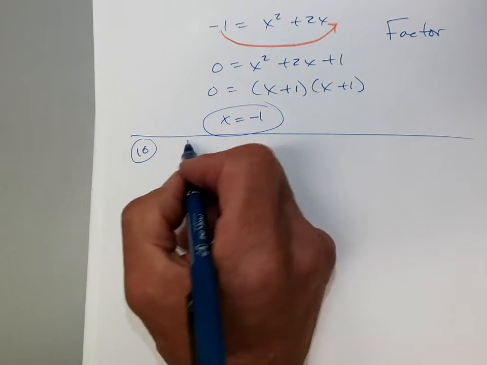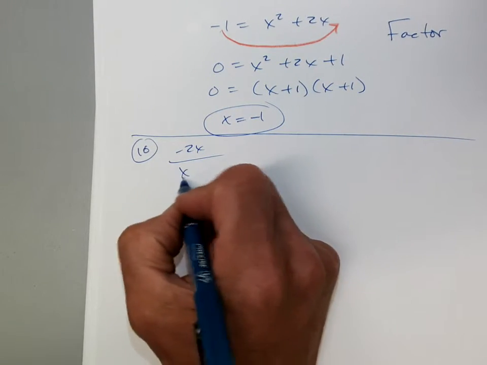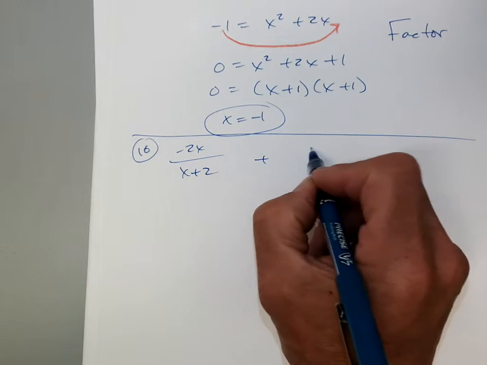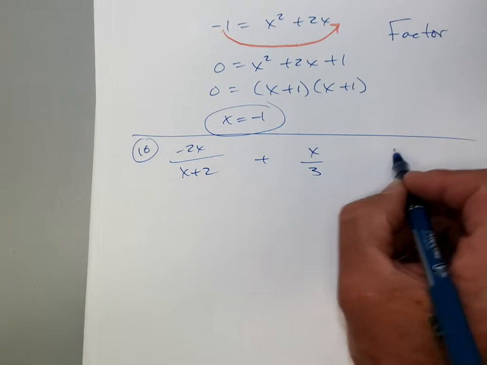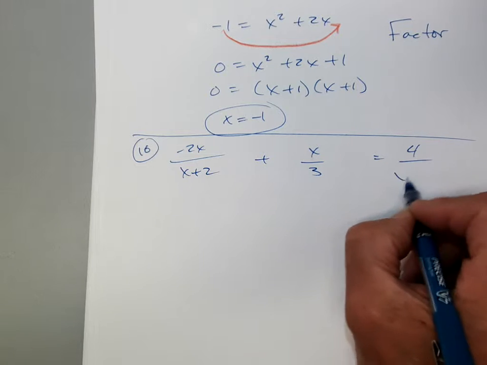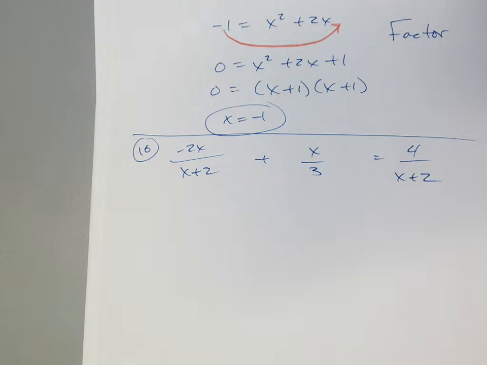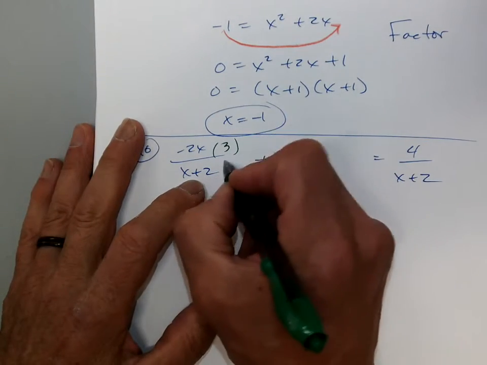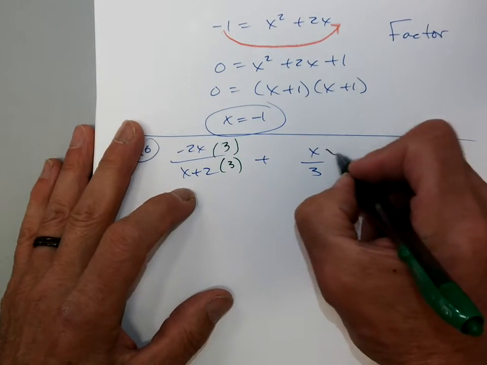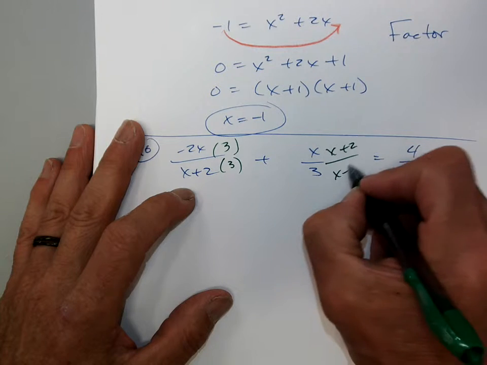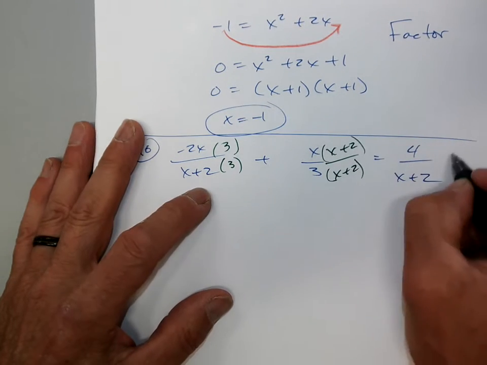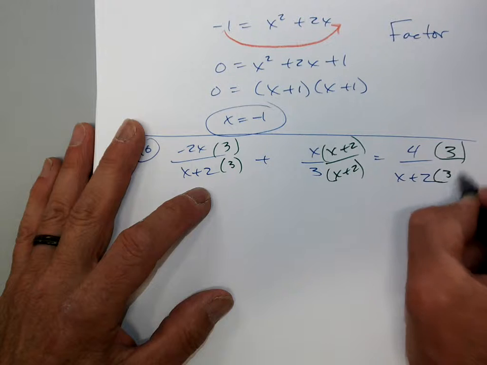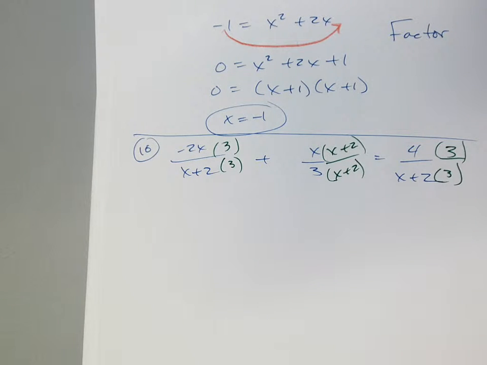I have negative 2x over x plus 2 plus x over 3 equals 4 over x plus 2. And I left lots of space on purpose because I'm going to need a common denominator, right? How about multiply this one by 3 over 3. Multiply this one by x plus 2 over x plus 2. Multiply this one by 3 over 3. Common denominator.